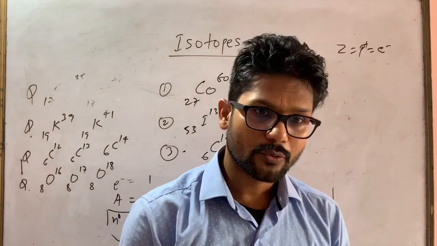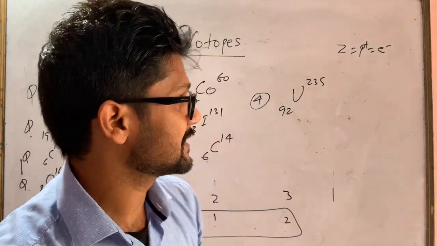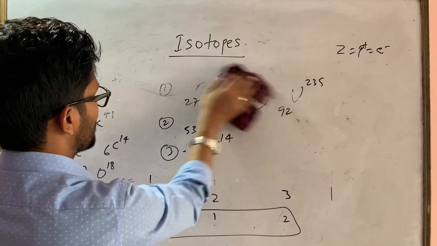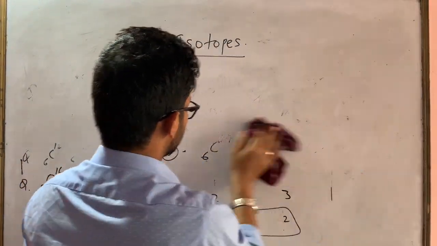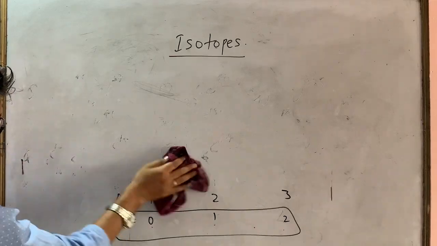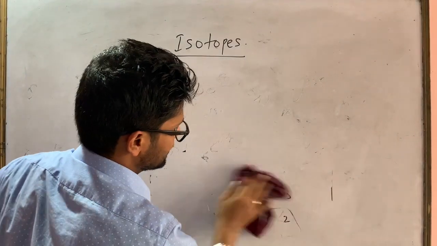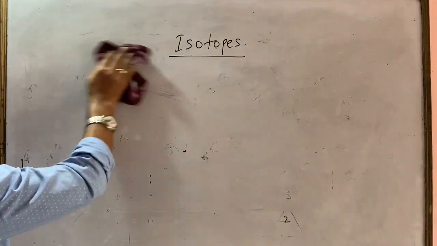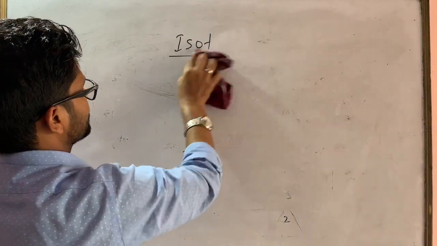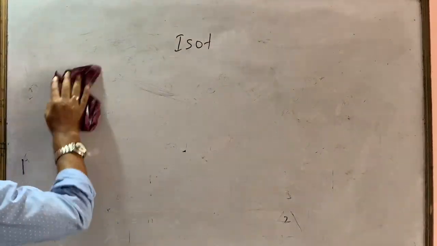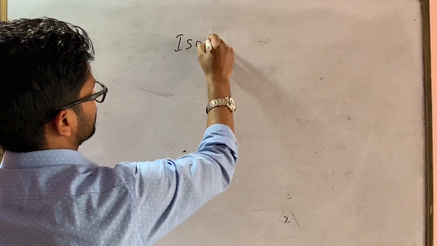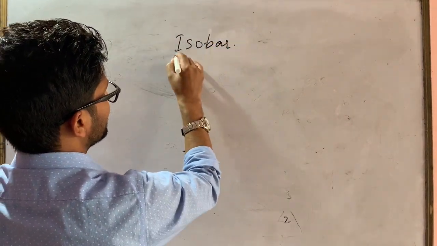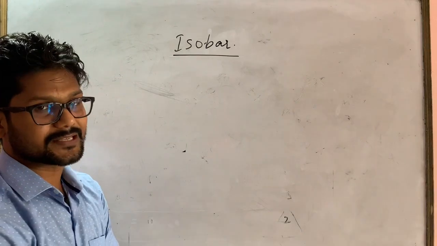Now we are going to move to the next segment, and that is isobar. I hope isotope is clear, the explanation I explained just now. Now we'll see what is isobar. It is a very small topic. Again, I'm going to explain using some examples.